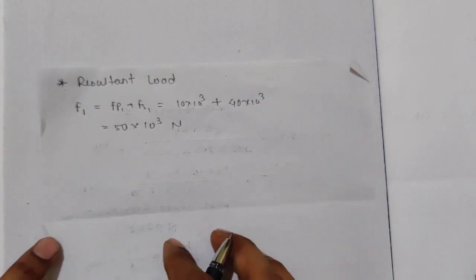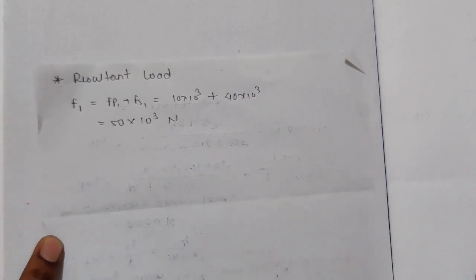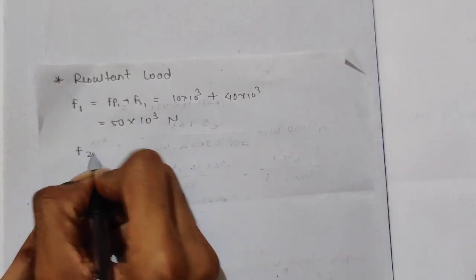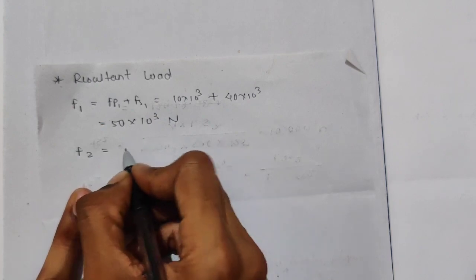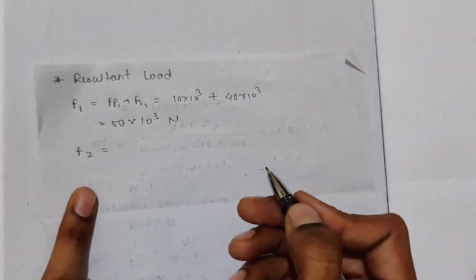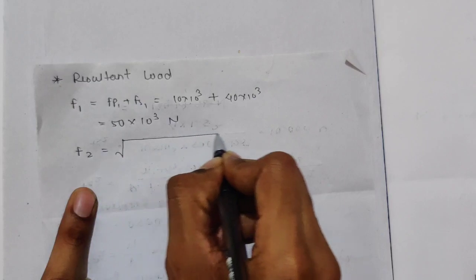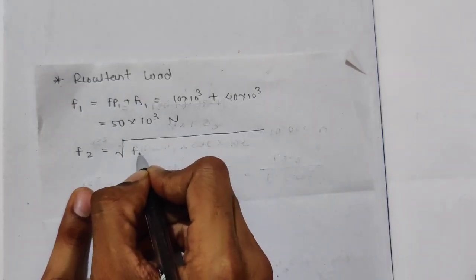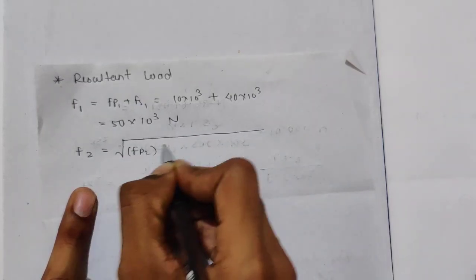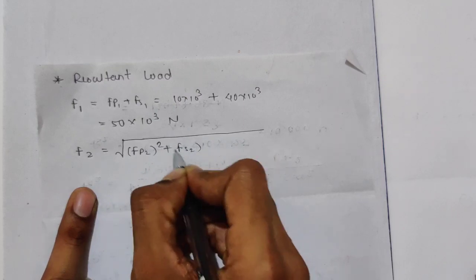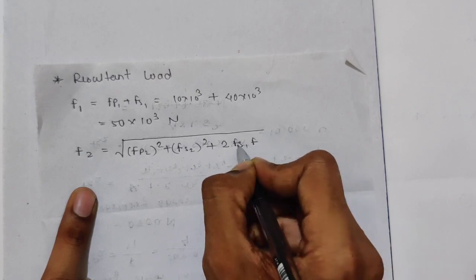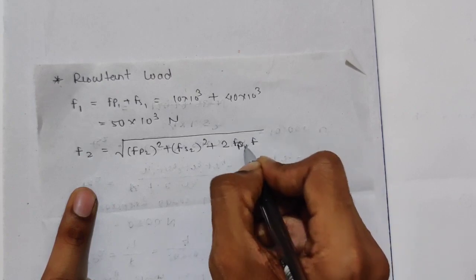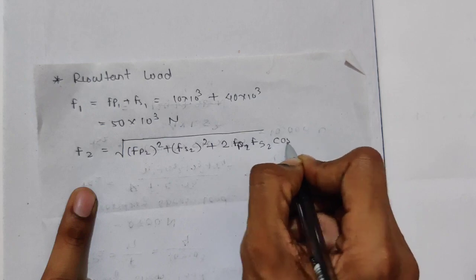Now for bolt 2, F2, we will have to use the vector addition formula, that is under root FP2 square plus FS2 square plus 2 FP2 FS2 cos theta.